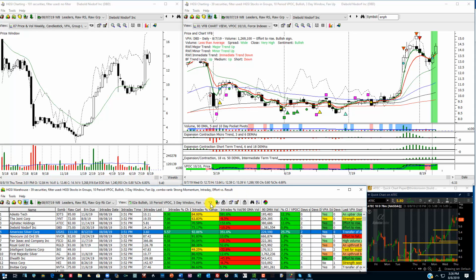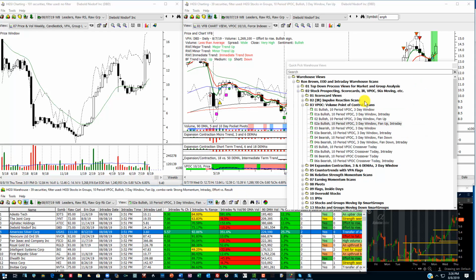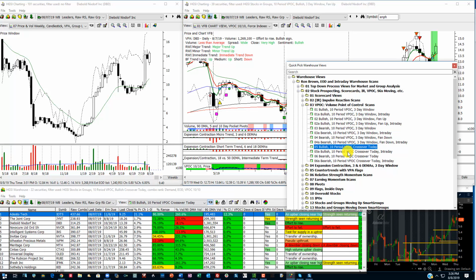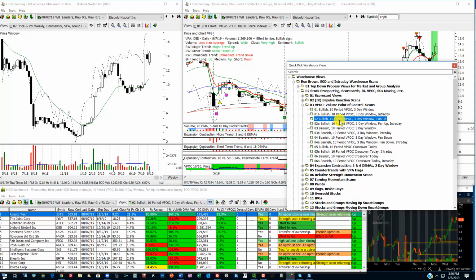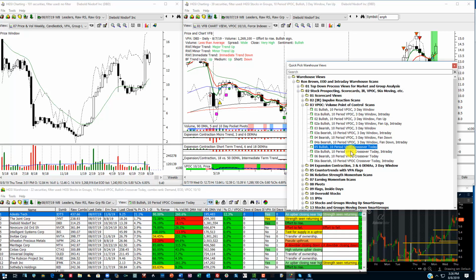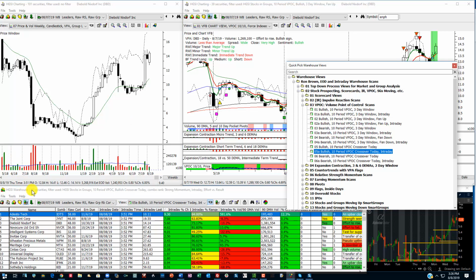Now, let's do another thing here. I'm going to come up here. These are 3-day windows, fan up. If you go down here, here's a VPOC crossover. These are today, which would have been yesterday. The fan up here had 39 securities. Yesterday, the VPOC crossover had 22.